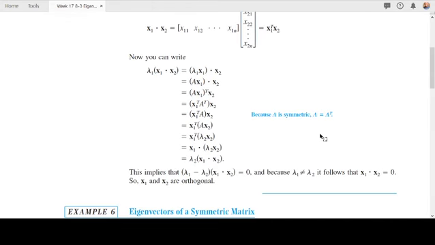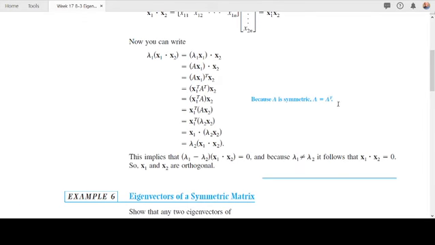Now you can write lambda 1 times the dot product of x1 and x2, follow the equalities, put lambda 1 inside, then you have Ax1, and then you take the transpose and put it over on the other side because A is symmetric, A is equal to its transpose.